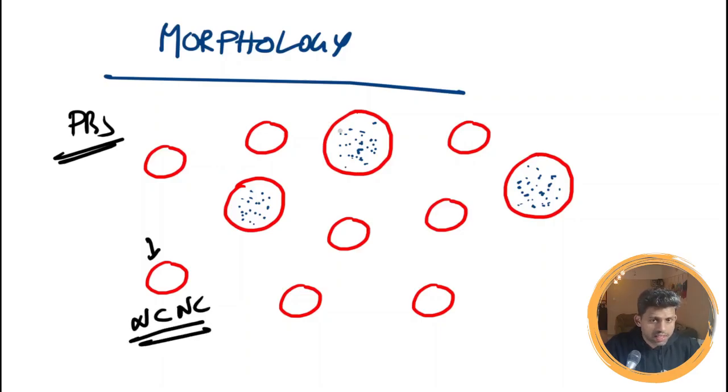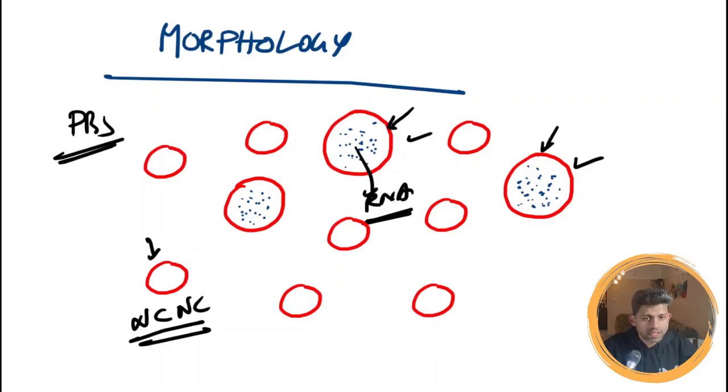But along with these cells, you get these larger cells which are actually younger RBCs, which retain the RNA within them. So these are called reticulocytes. So you get normocytic normochromic anemia with reticulocytosis. And if the reticulocytosis is very high, you might get a macrocytic blood picture.